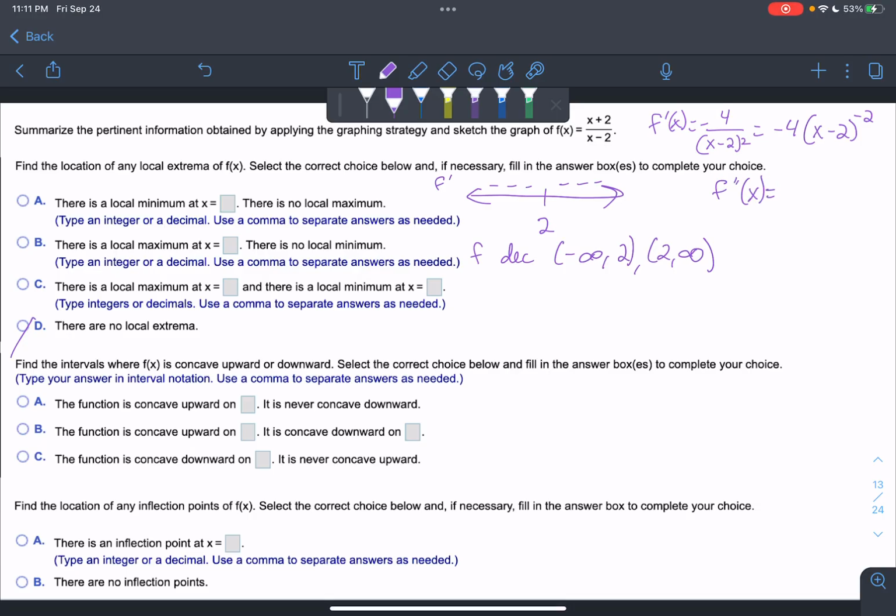And so that's power rule, right? Bring down the negative 2, rewrite the stuff in the middle, subtract 1, and then chain rule, derivative of x minus 2 is just 1. And so my derivative is negative 4, or positive. Negative 4 times negative 2 is a positive 8. And this is all over x minus 2 to the third power.